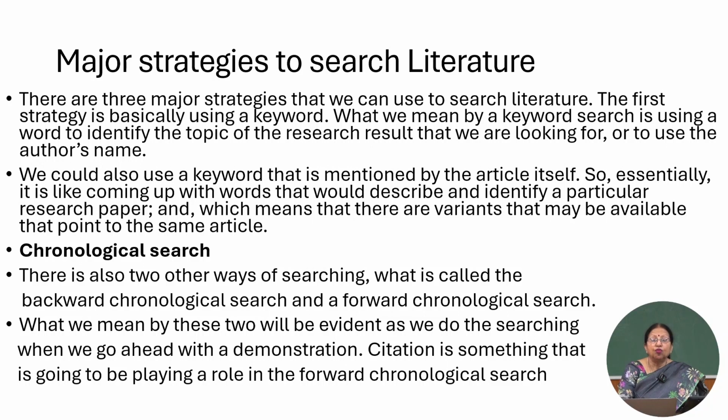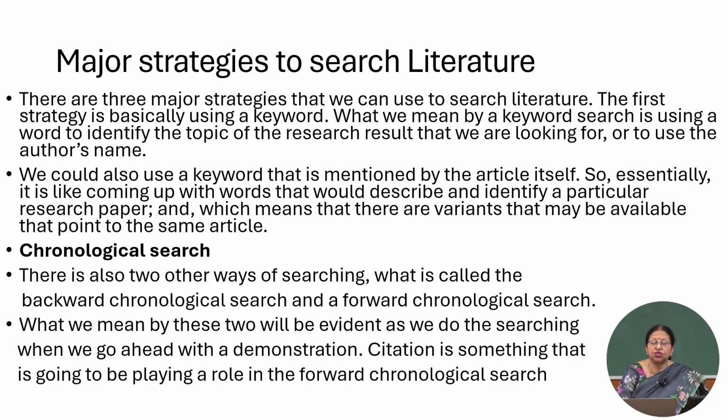Now, what are the major strategies of literature search? There are three major strategies that we can use to search literature. The first strategy is basically using a keyword. What we mean by a keyword search is using a word to identify the topic of the research result that we are looking for, or using the author's name.